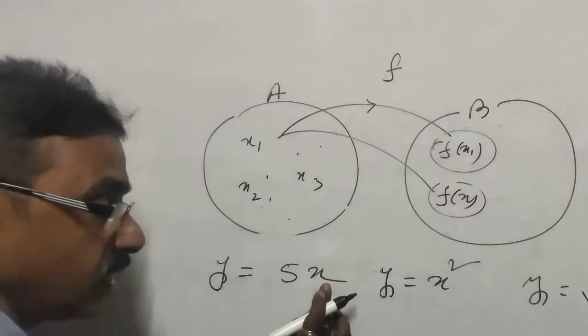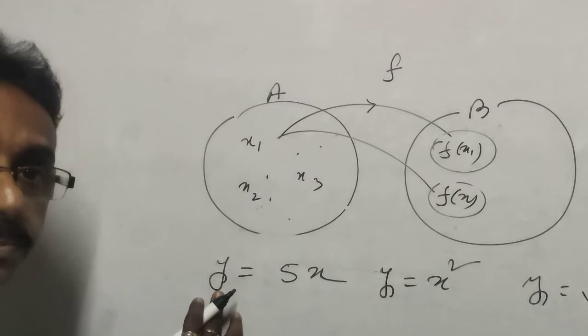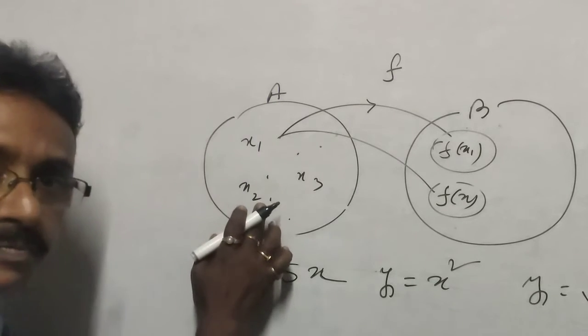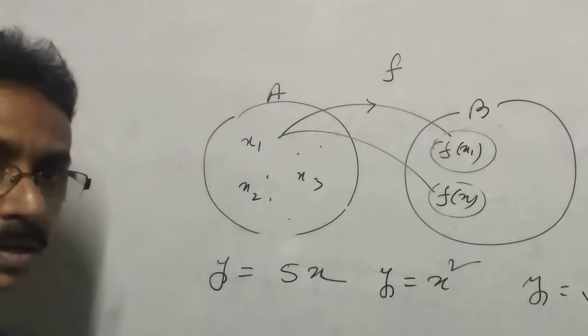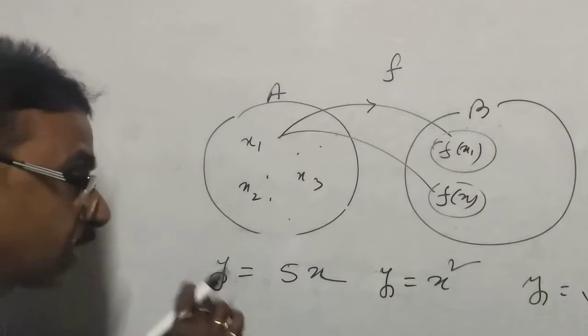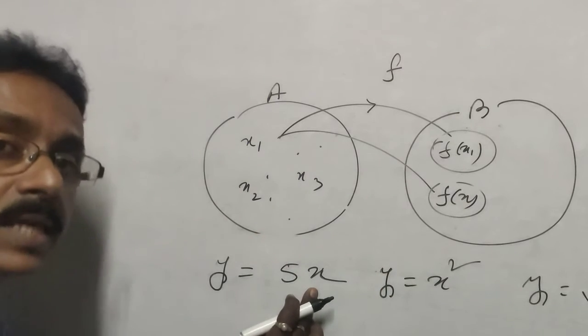For every element of A, the image is unique. Also, if you multiply a natural number by 5, you get another natural number, so each element has a unique image.